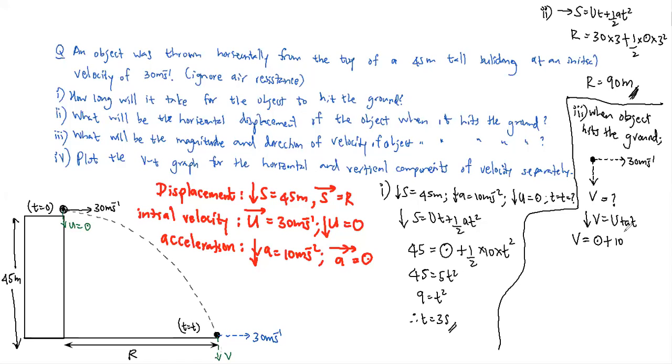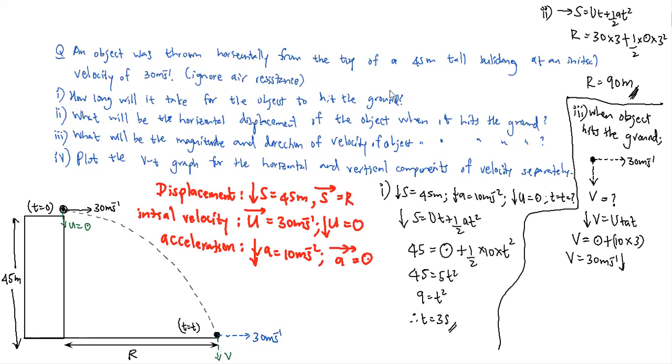All right, it should be 10 and time is 3. So finally, v is equal to 30 downwards. Right. So the final vertical component is 30 meters per second.